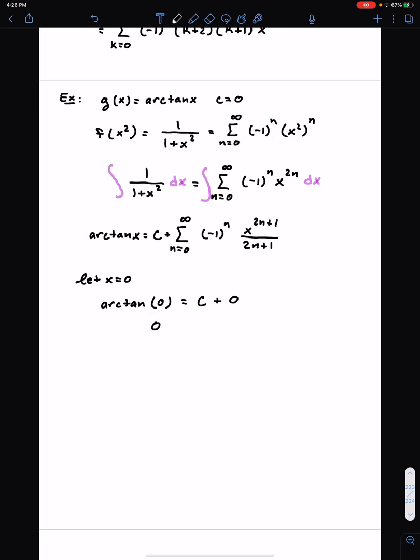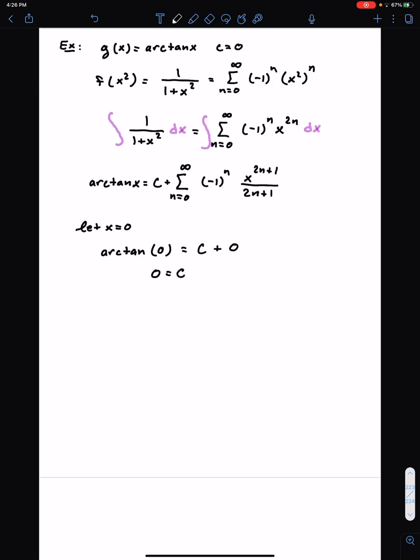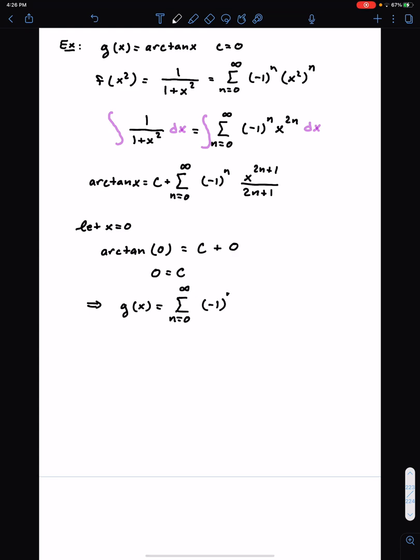And the arctangent of 0 is 0. So c is equal to 0, which implies that the function g of x is equal to the sum, as n goes from 0 to infinity, of negative 1 to the n, x to the 2n plus 1, divided by 2n plus 1.